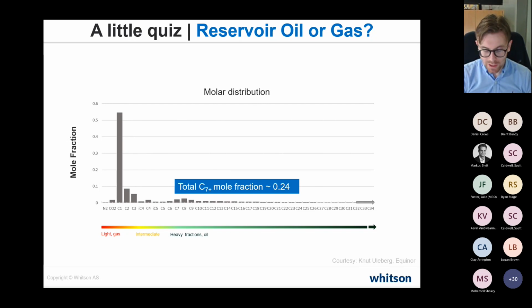And I'll start, and I think it's water. No, that's a joke. But just write what you think it is, reservoir gas or oil, after you've looked at this. And just for simplification, this is light, call it gas. This is intermediates. This is heavy fractions, and this is the distribution of the heavier components.